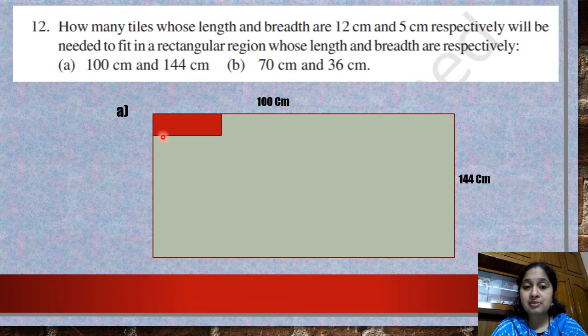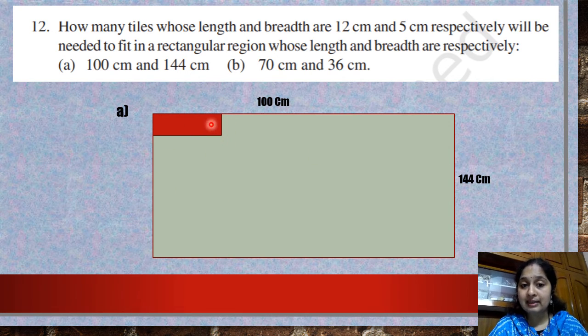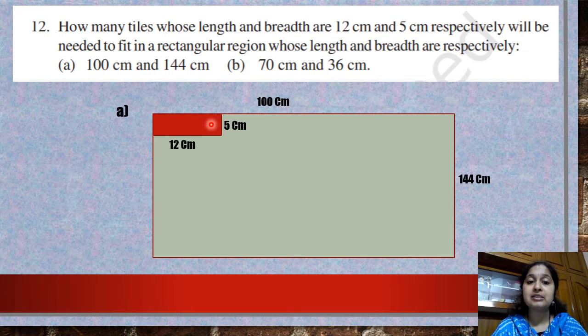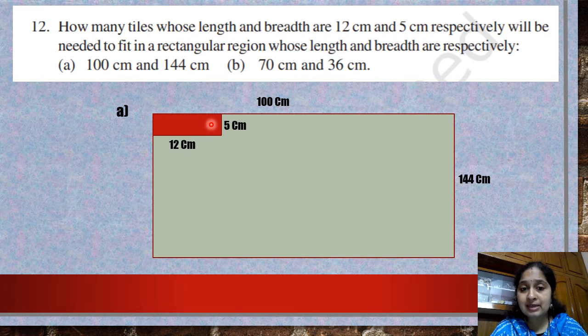So just imagine this is a wall and this is one tile, 12 centimeters and 5 centimeters. So such tiles are placed all over this floor or rectangular region. So how many tiles are needed for that?